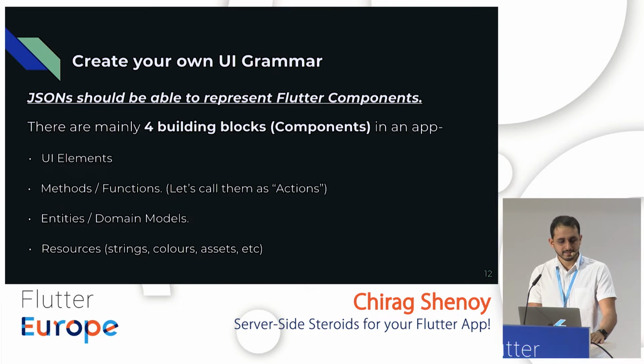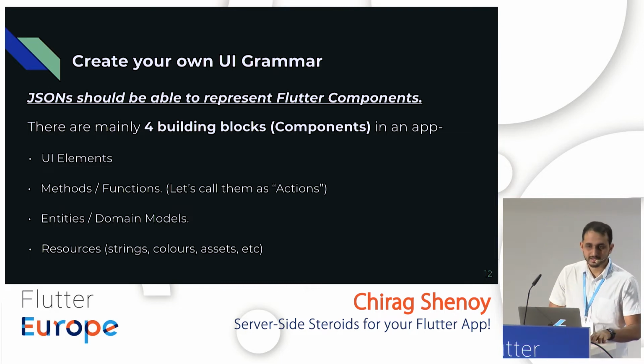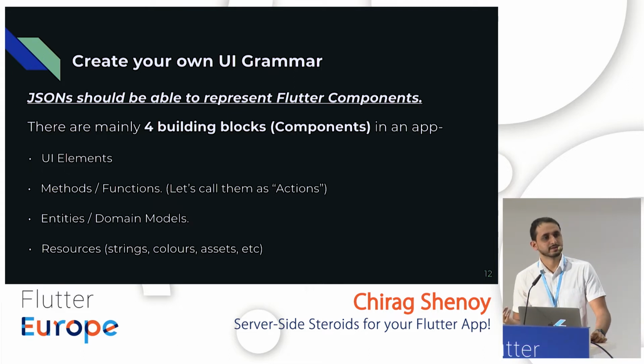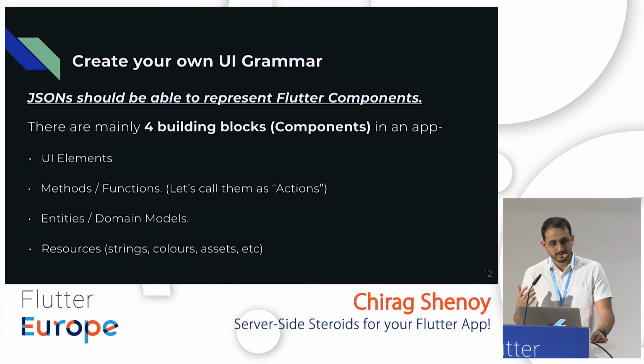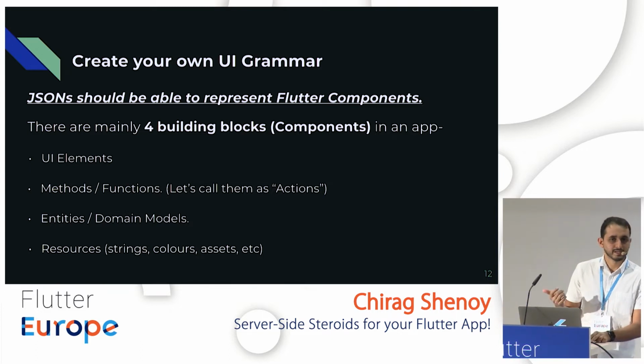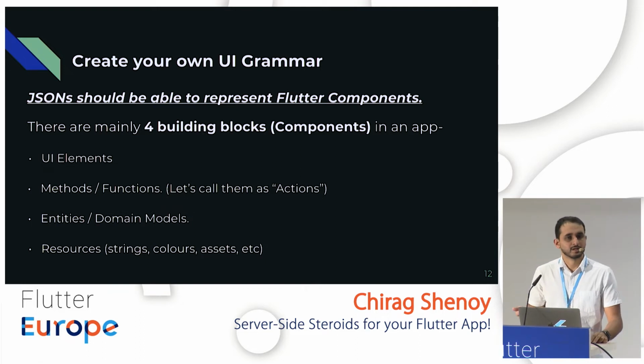And then there's something called entities or domain models. These entities or domain models are basically blueprints of what your data is going to look like. So if you have, say, something like a student class, that would be called a domain model or an entity, and its properties would be things like age, name, gender, and so on.